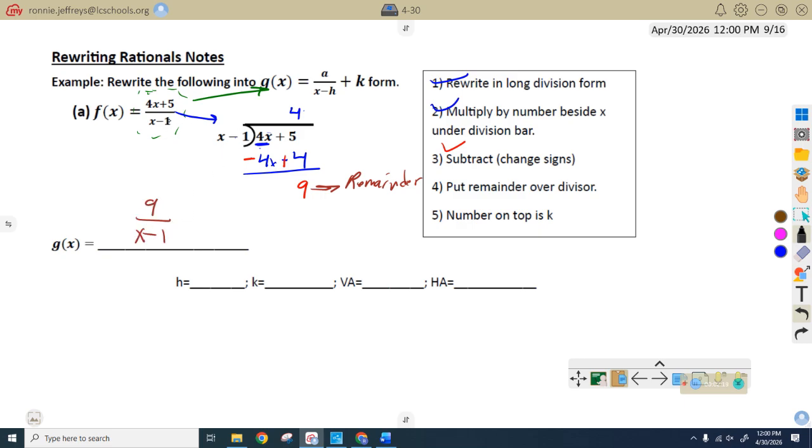The divisor is what's on the bottom. So if you want to say divisor, stuff on the bottom. And then it says number on top is k. So this actually ends up being our k value. So plus 4.